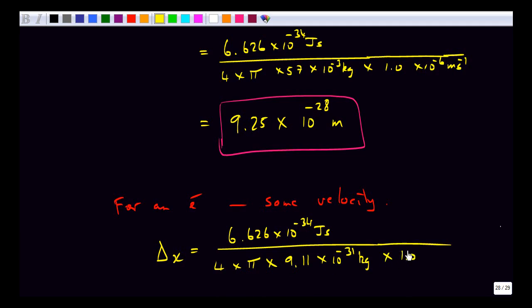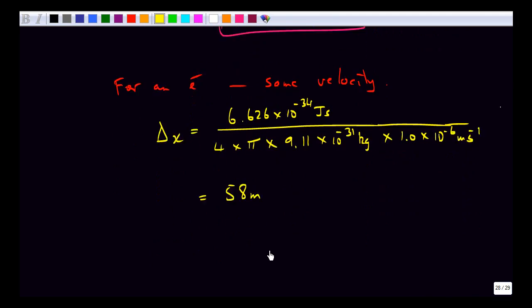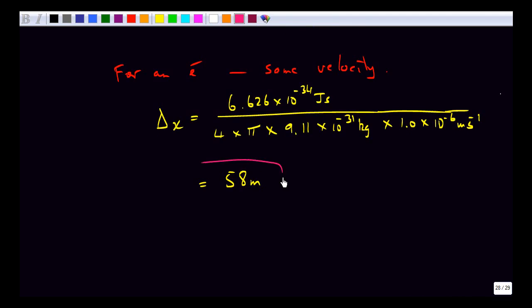And the velocity we said is the same as we had for the tennis ball, so that's 1.0 × 10^-6 m s^-1. And when you work that out, you should come up with a value of 58 meters. So we can see that for the electron, 58 meters is huge. So in essence, we really have no idea, or can have no idea, of where the actual electron is.